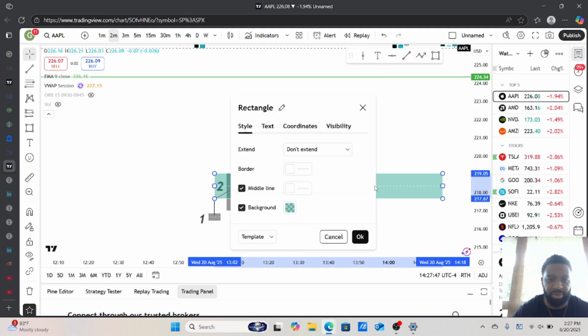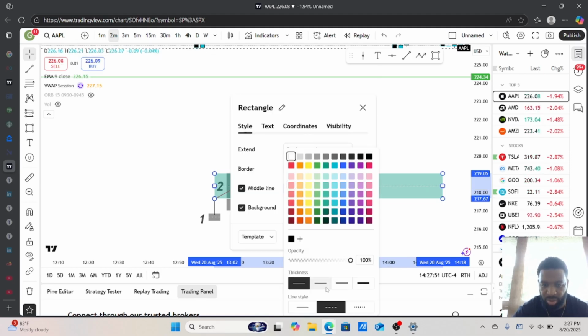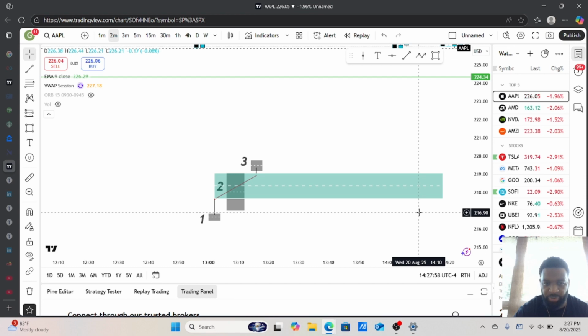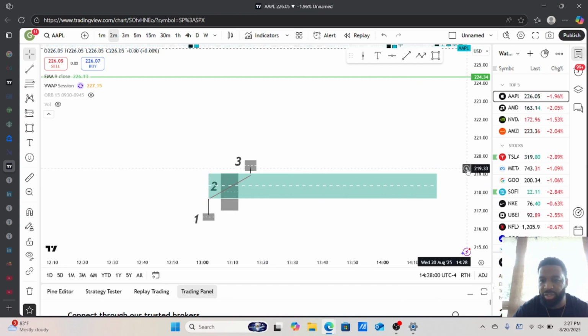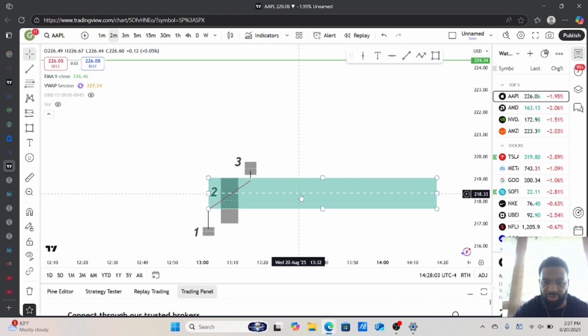All right, now let me change some settings here so I can help you guys see this a little better as well. Yeah, that's perfect. All right, so you see this dotted line that we have here in the middle of this fair value gap. This is what I really want to talk about here.